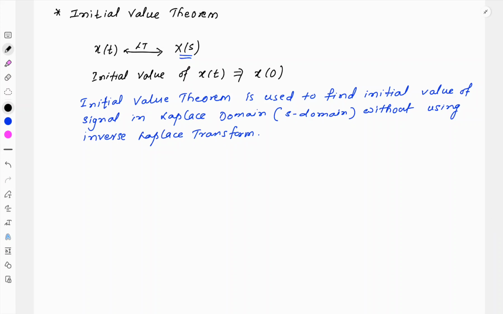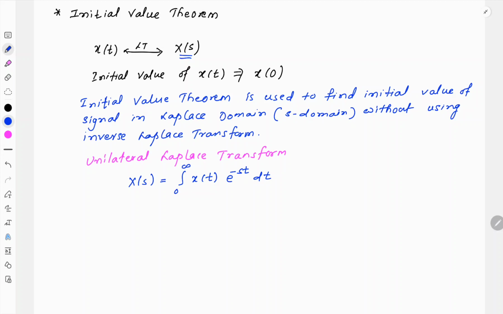So we all know the unilateral Laplace transform, which is given as x of s equal to integration 0 to infinity x of t e raised to minus st dt. We use the unilateral Laplace transform for causal signals.